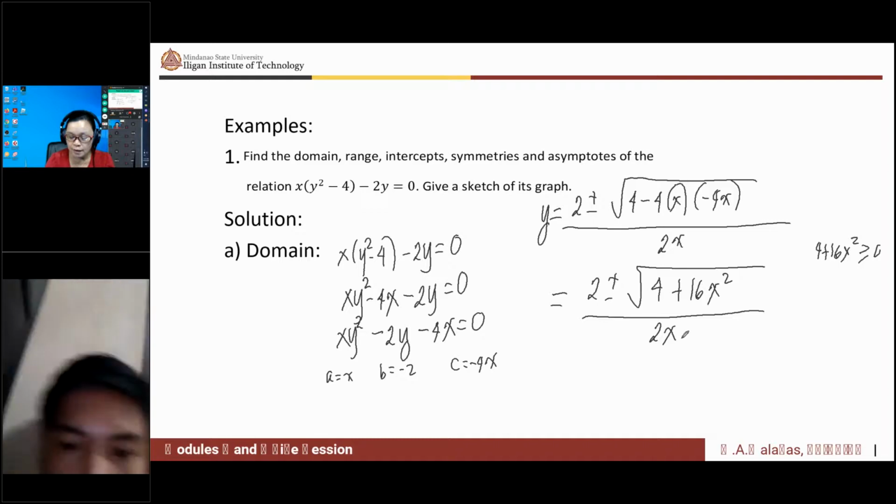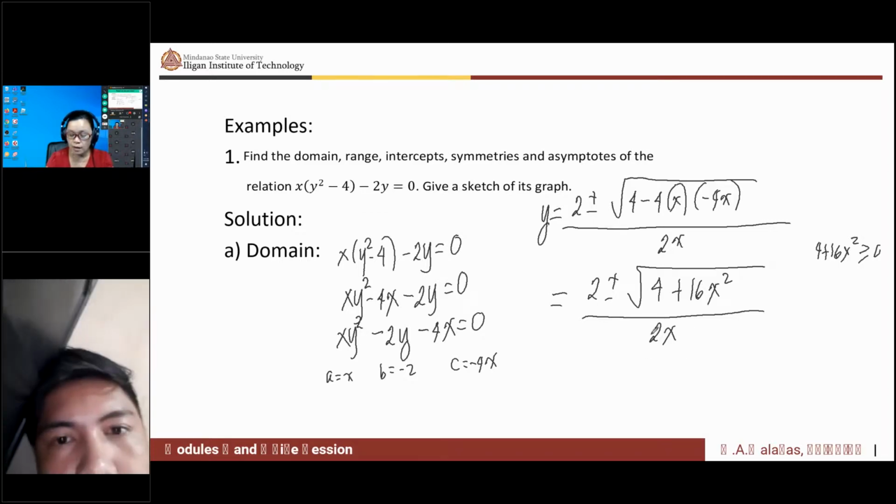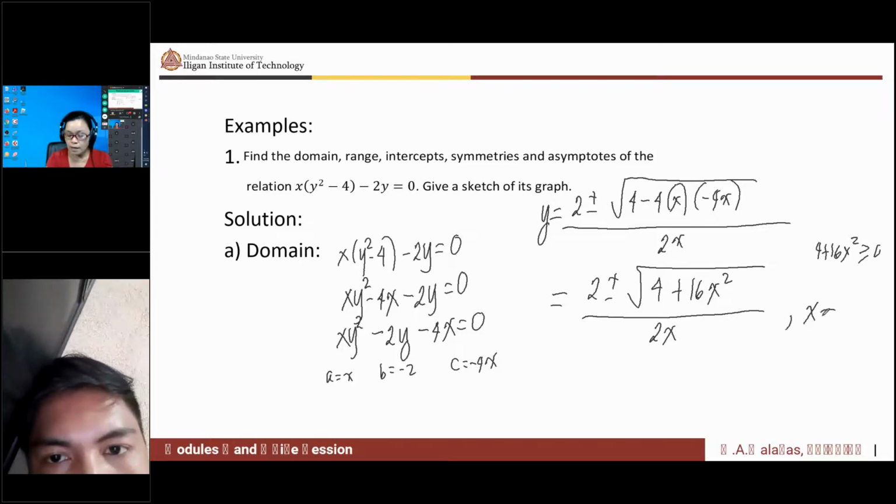But if you look at the denominator, this has meaning if x is not 0. So here, x equals 0 is an exception. So x should not be 0. Now, you might be tempted to write the domain of the relation as set R minus a set containing 0.